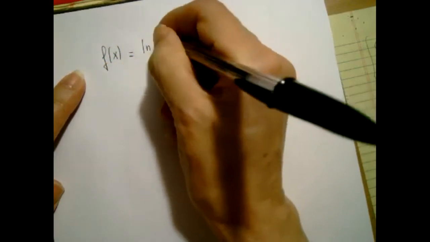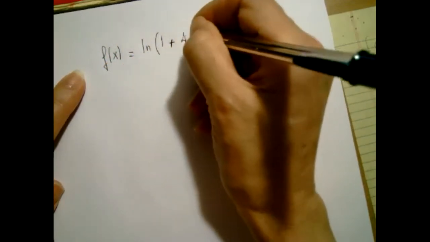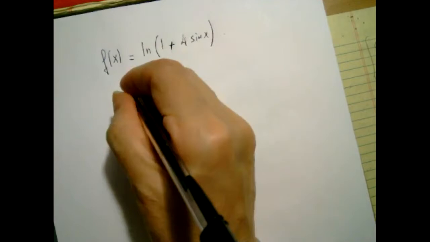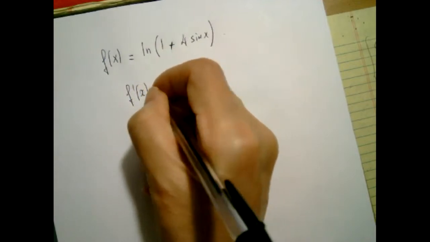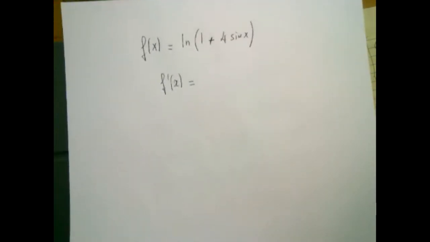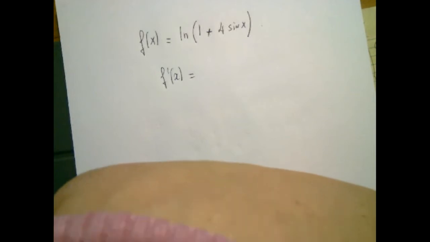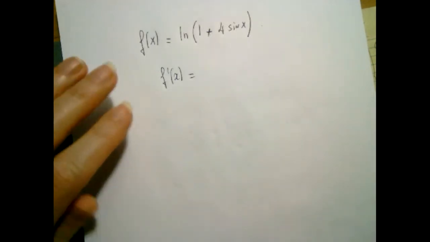So suppose I take f of x equal ln of 1 plus 4 sine x. Okay, so I want f prime. This time you should be able to do it, it is easier.